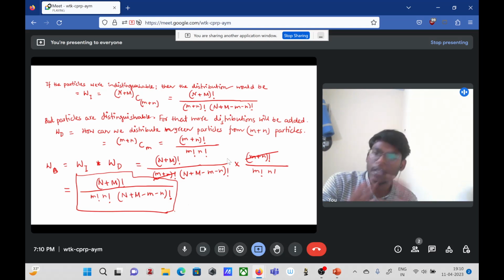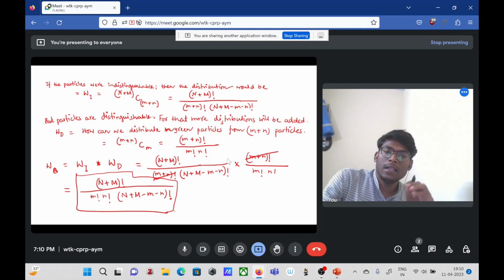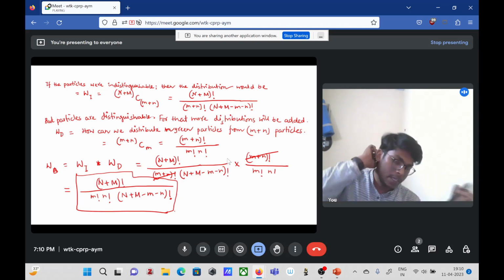Here we considered that all the particles are indistinguishable. That is done. Now in our problem, those small m plus small n particles are distinguishable, with a special type of distinguishability: they are either red or green.